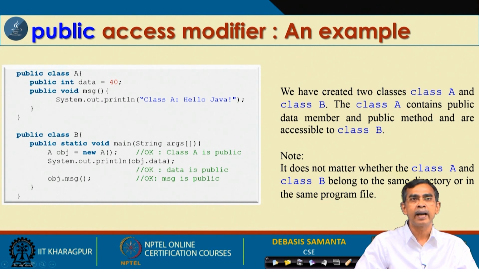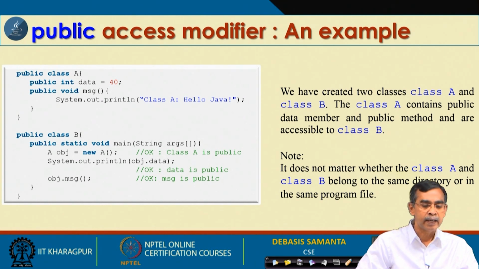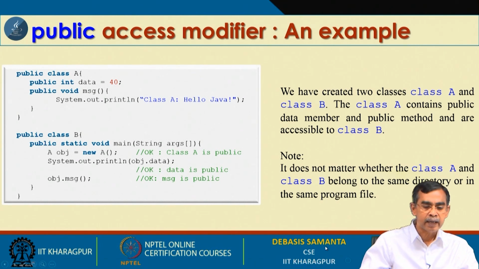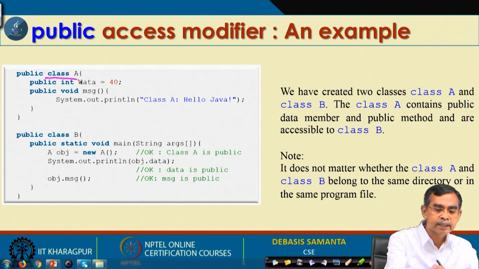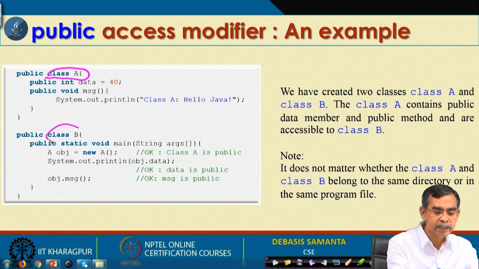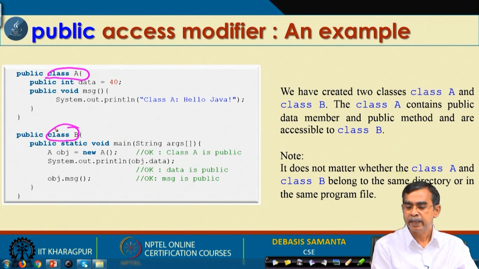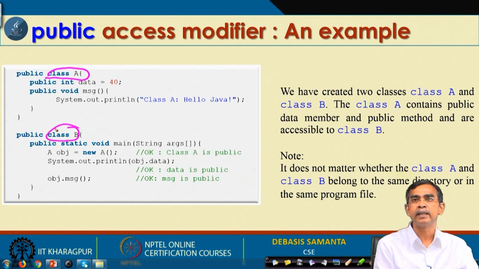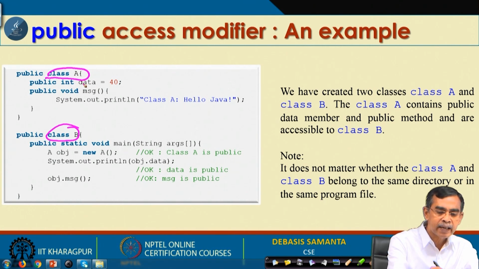Let us come to another example. Here again we declare class A as public, and there is another class B, both declared as public. So, here we created two classes, class A and class B, and in class A there is a public data member and then a public method.